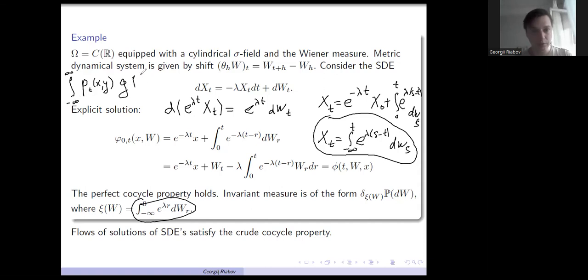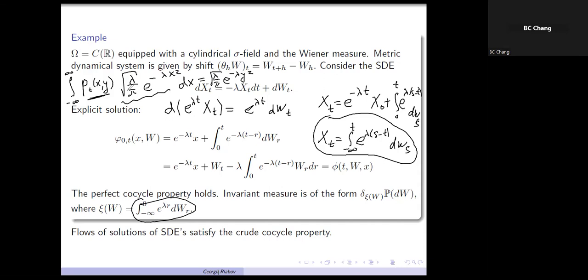It will be g(x root of 2 lambda) dx. So this is the PDF of the invariant measure, and this is the transition density of X. You can just compute this integral and find that it is equal to the PDF of the invariant measure.